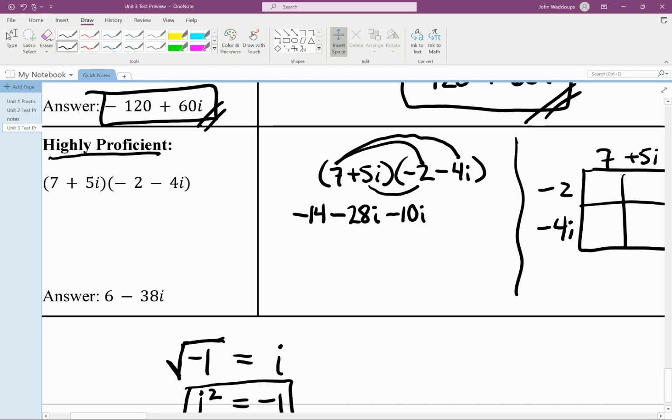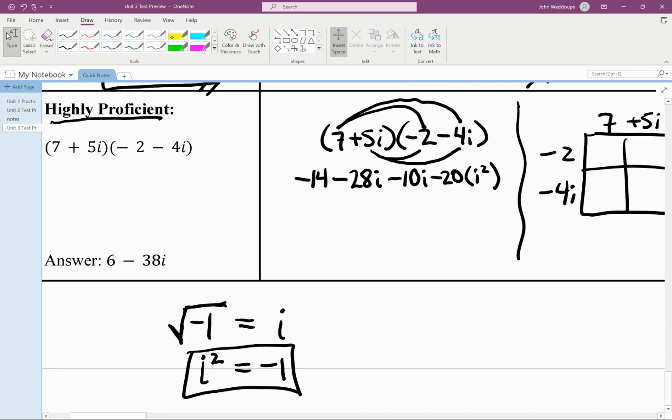And then 5i times -4i. A positive 5 times a -4 would be -20. And then i times i is i squared. And this is where I would say, hey, remember that i squared equals -1. And so I'm going to make that substitution here.